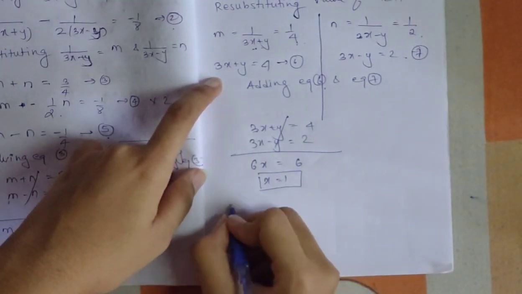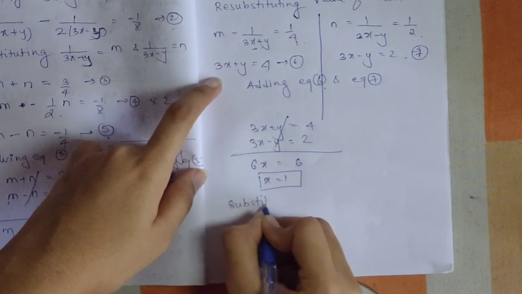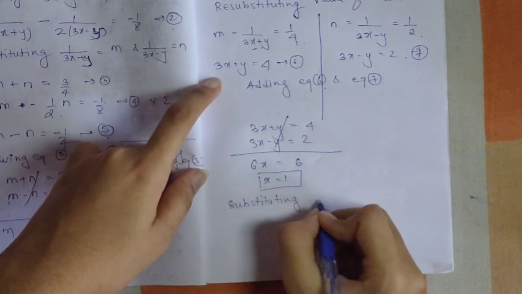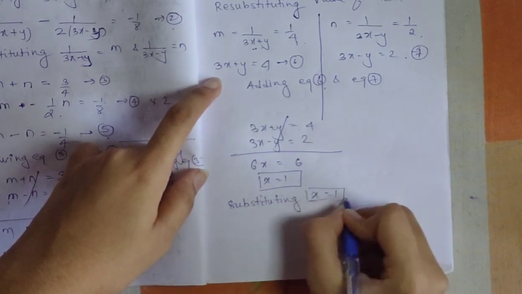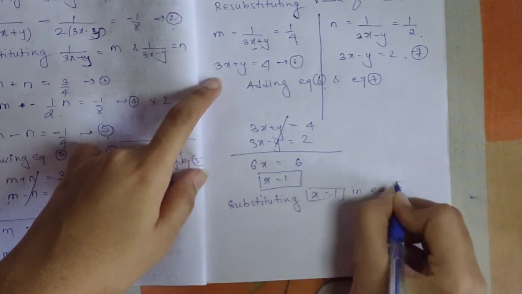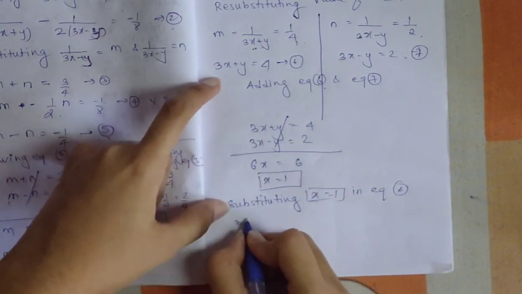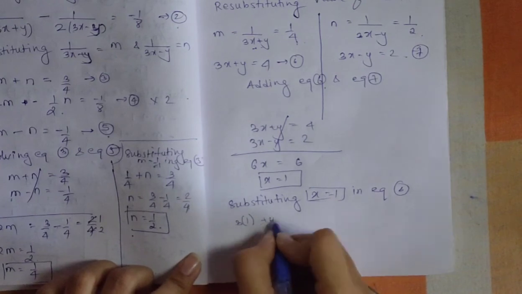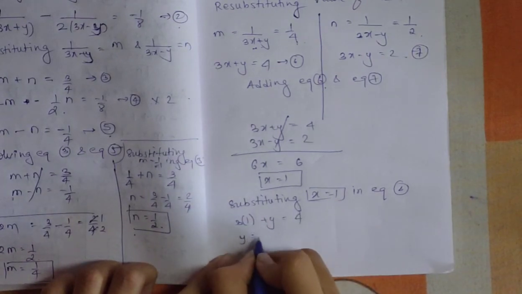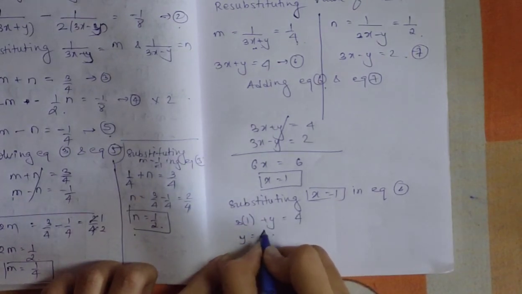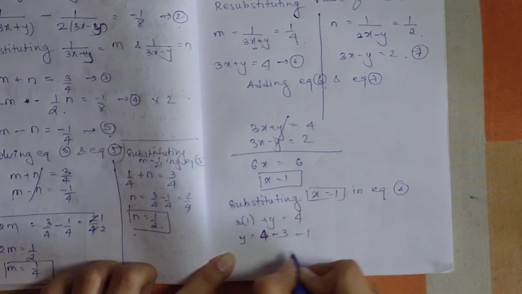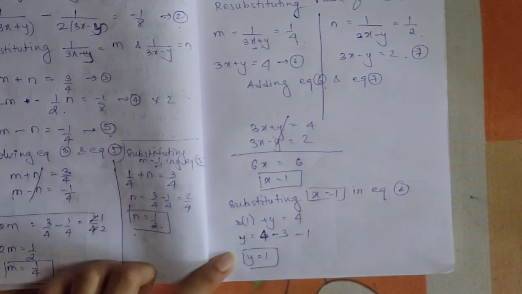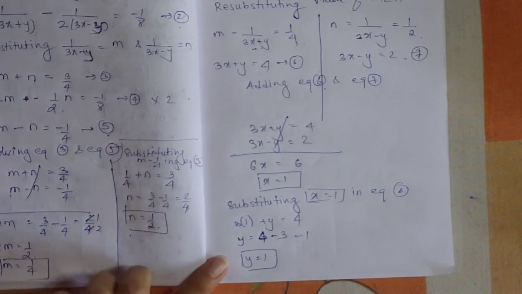So substituting x is equal to 1 in equation number 6, suppose. So 3 into 1 plus y is equal to 4. y is equal to 4 minus 3, that is 1. So y is also equal to 1.